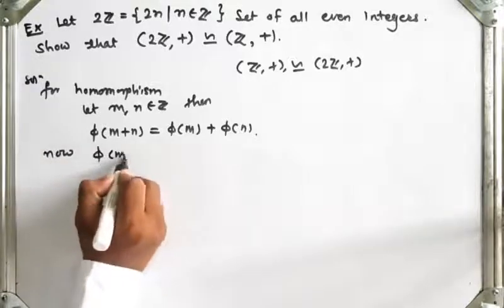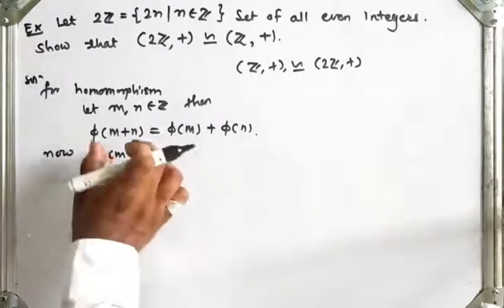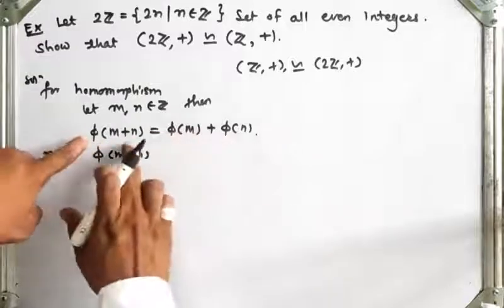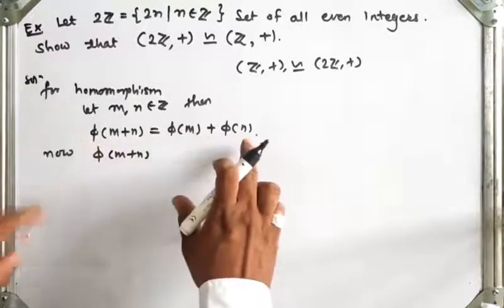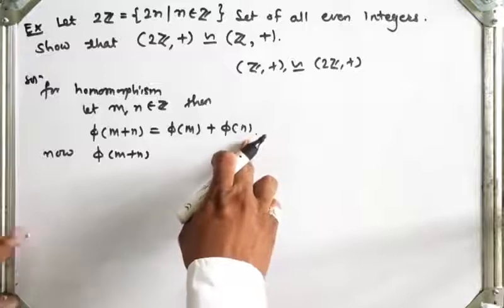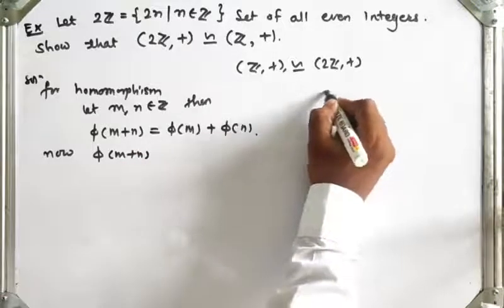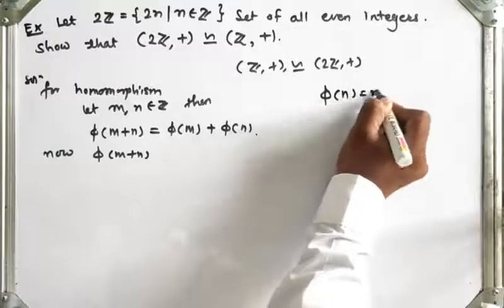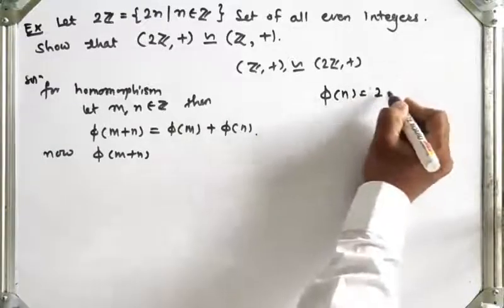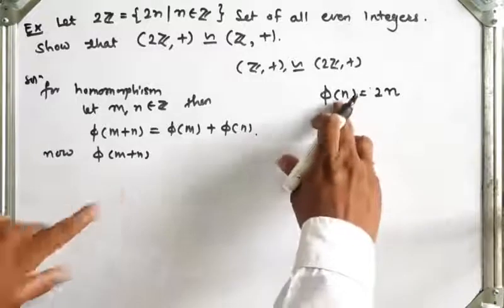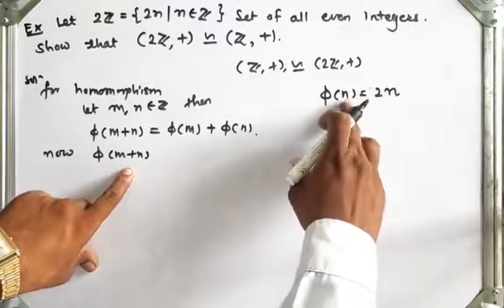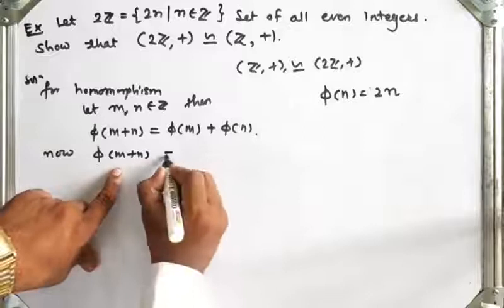So we have to show that phi of m plus n is the same as phi of m plus phi of n. So here phi of m plus n. What have we defined here as the function? Phi of n is equal to twice n. In this equation we replace n by m plus n, then what will we get?